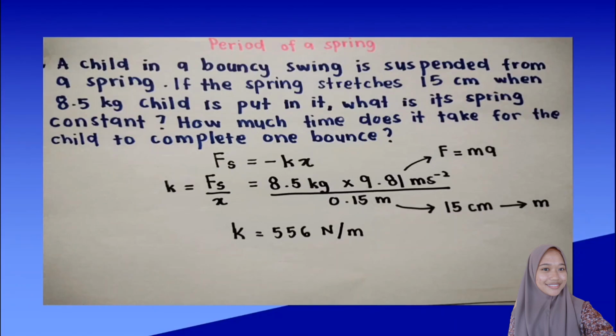Maksudnya kan kita arrangekan equation Hooke's law tu kan, dapatlah formula K equal to F over X. So kita masukkanlah dalam formula dia F over X tu. So akan dapat K equal to 556 N over M.